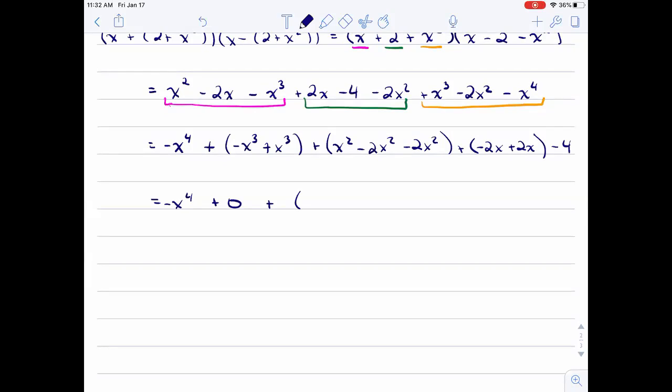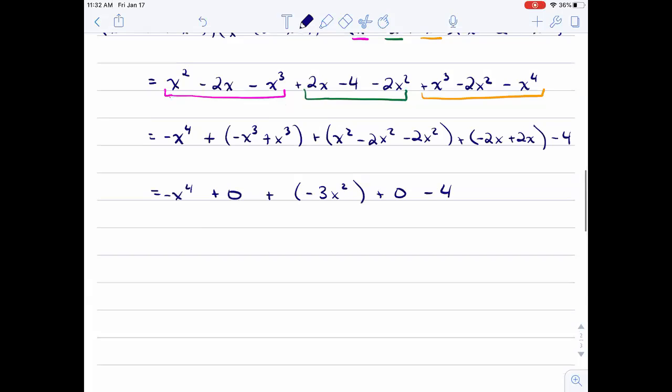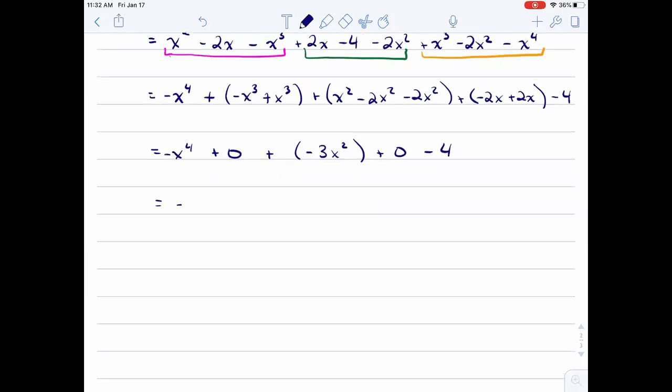There's a silent 1, let's call it, right? So 1 minus 2 puts us at negative 3. And then we tack on the x squared, negative 3x squared. Minus 2x plus 2x plus 0 again, and then minus 4. So this is going to simplify to negative x to the power of 4 minus 3x squared minus 4.